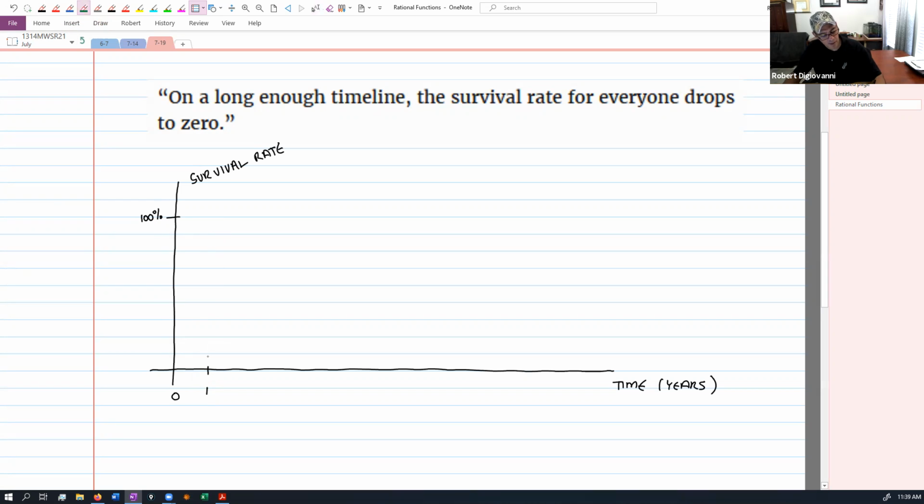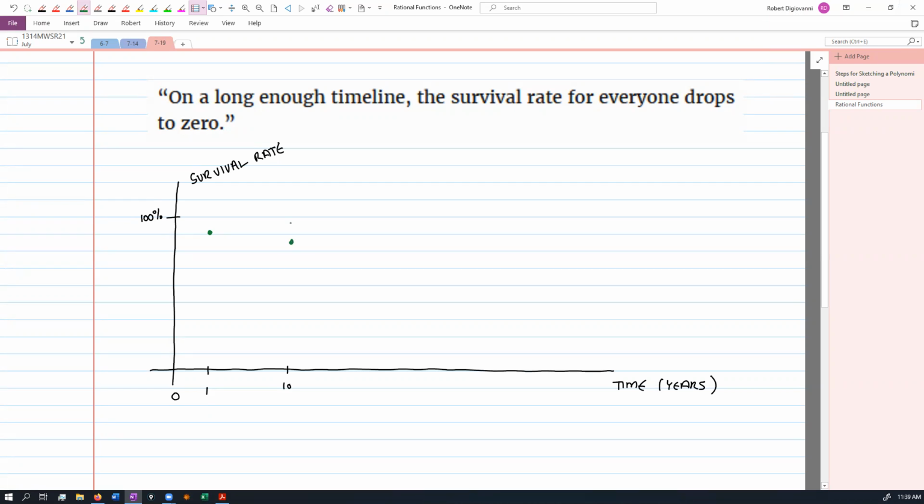So I'm going to say at 1 year old, it's a really high probability, maybe in the 90% or so. Okay. Do you think that the average human will live to turn 10 years old? Pretty good probability? Still pretty high? Maybe not as high as 1, but maybe 10.